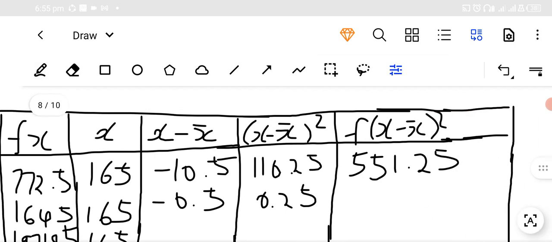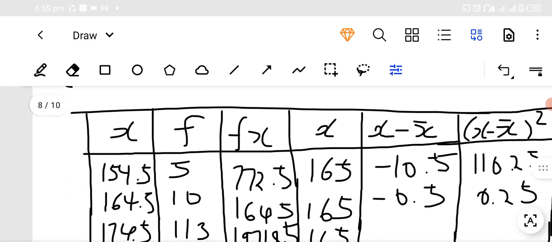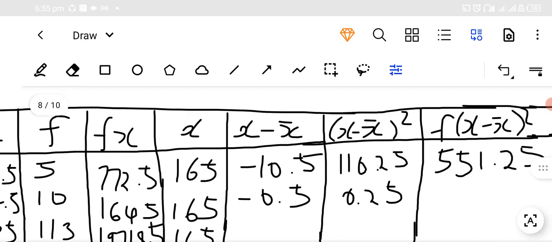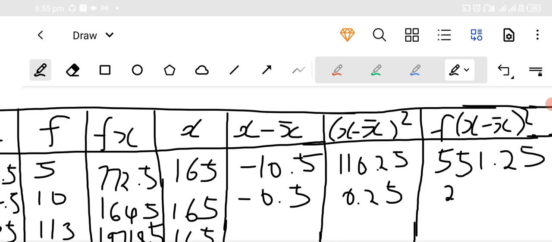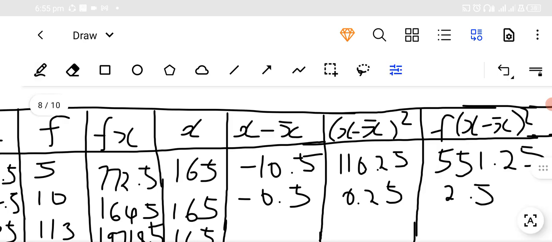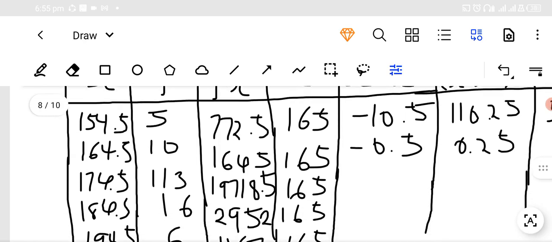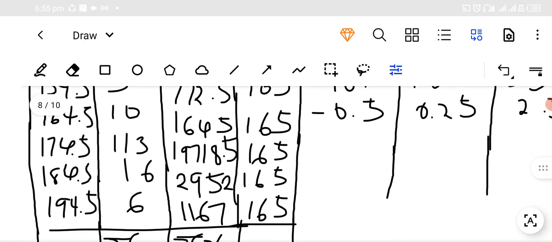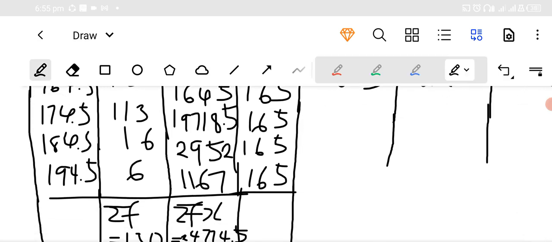And then the next one will be times f. F is 10. So times 10, we're going to have 2.5. Very small value, because the difference was minimal.